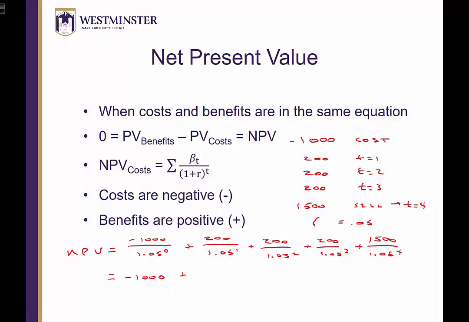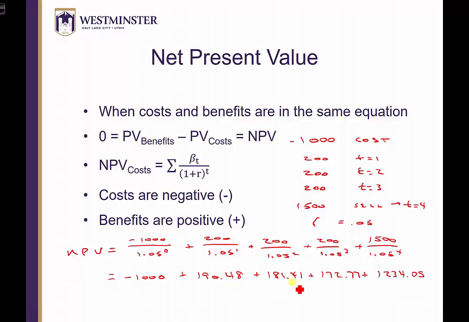And then we're going to add to that 200 divided by 1.05 to the first, which is 190.48, plus 200 divided by 1.05 squared, which is 181.41, plus 200 divided by 1.05 cubed, which was 172.77, plus 1,500 divided by 1.05 to the 4th, which is going to be 1,234.05.